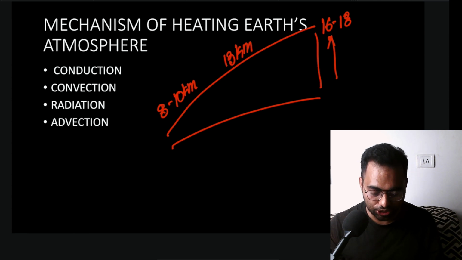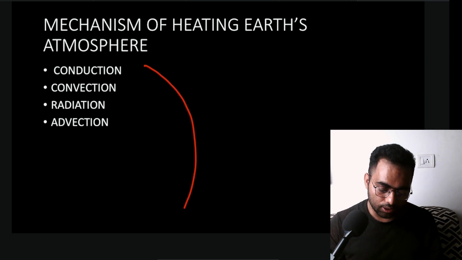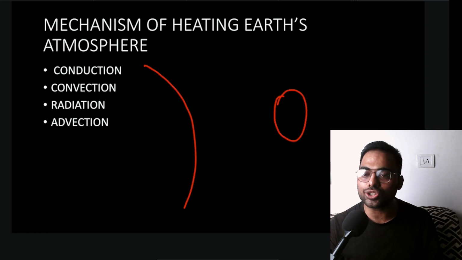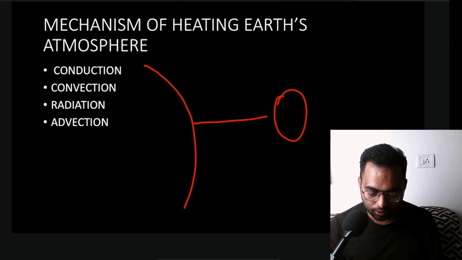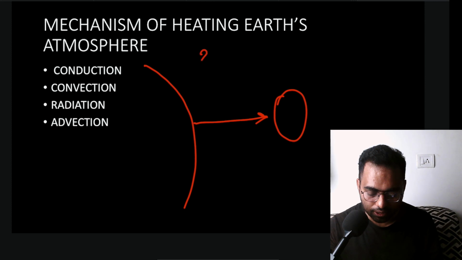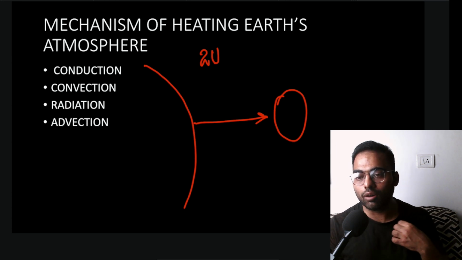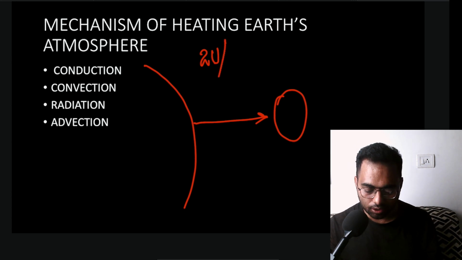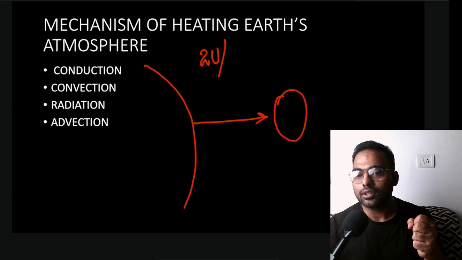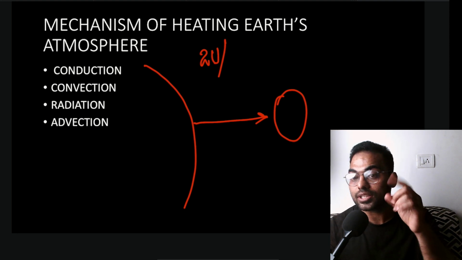Now let's understand radiation. Earth receives solar radiation. One more thing that we need to understand is that Earth receives just 2 units of solar energy out of the 1 billion units of the energy which the sun produces.